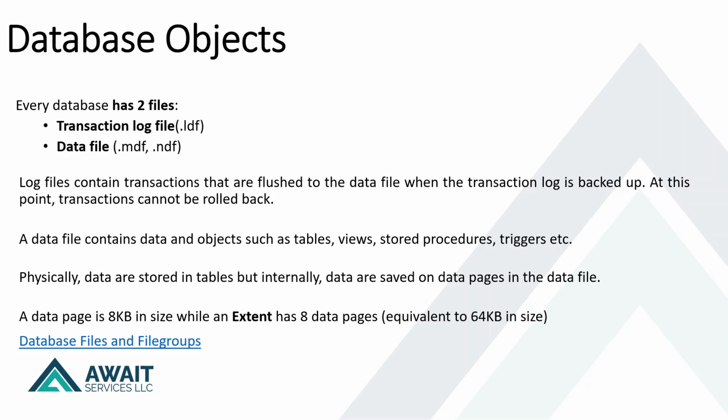So physically, when we are looking at SQL Server on the screen, we will see that the data are stored in tables. We're going to see that when we do the demo. But internally, inside of SQL Server, these data are actually stored on data pages. Okay? They are stored on data pages in the data file. But when we are looking at it physically, they are stored on tables.